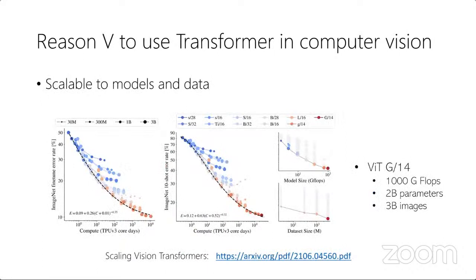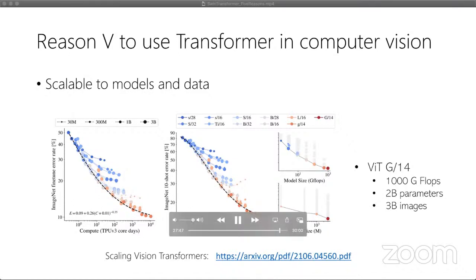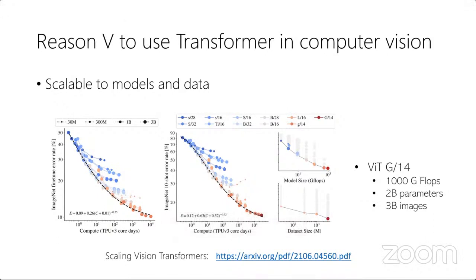The fifth reason is that the vision transformer seems able to be scaled up to very large models and very large data. In fact, a work publicly available just 1 week ago by Google has demonstrated a 2 billion parameter model to perform state-of-the-art on ImageNet-1K image classification.